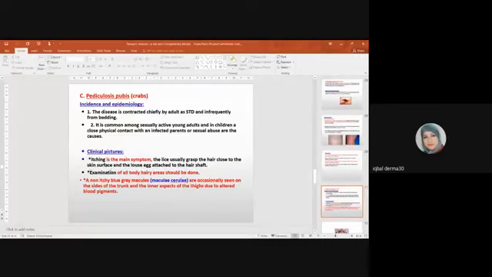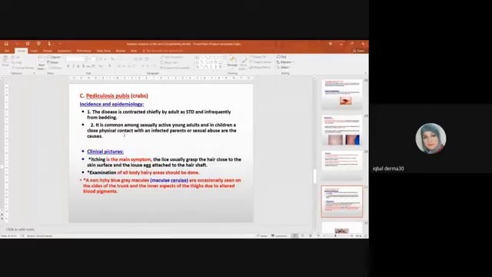Also, if it appears in children, then this child either has close physical contact with the patient or has been sexually abused. The pubic louse is rarely contracted from sharing bedding; usually it is from STD, which requires skin-to-skin contact.